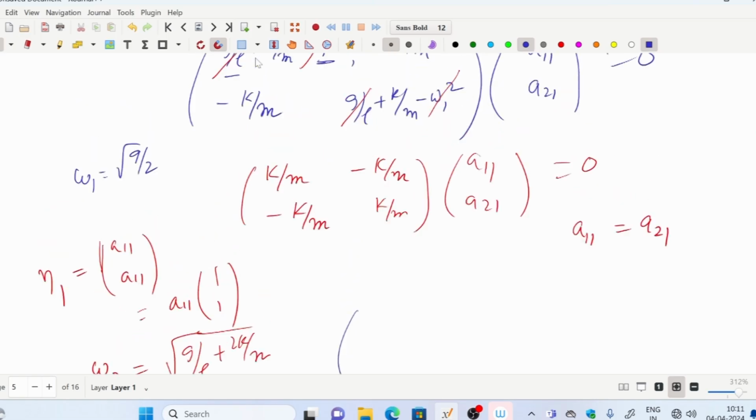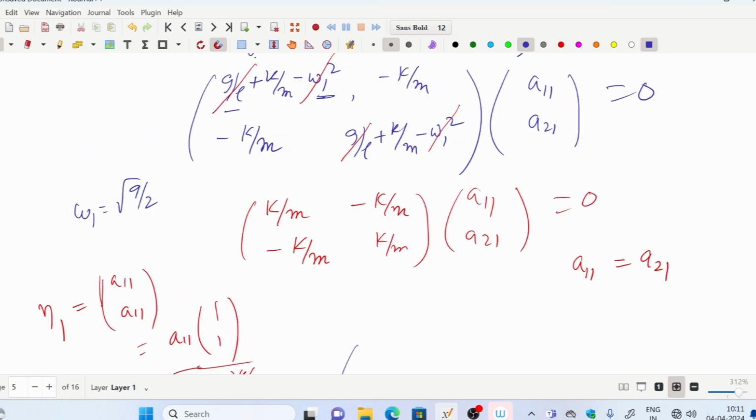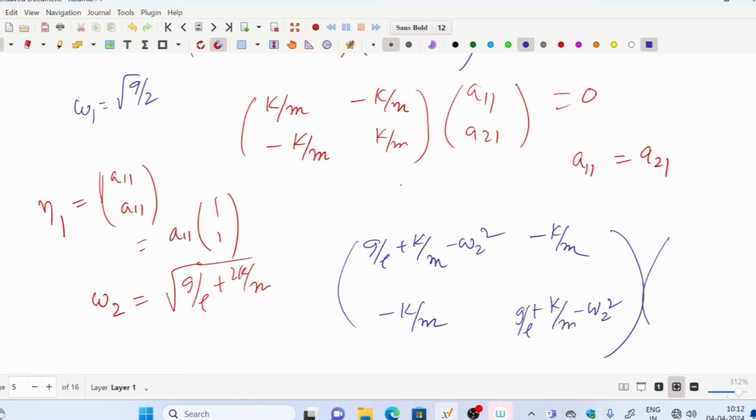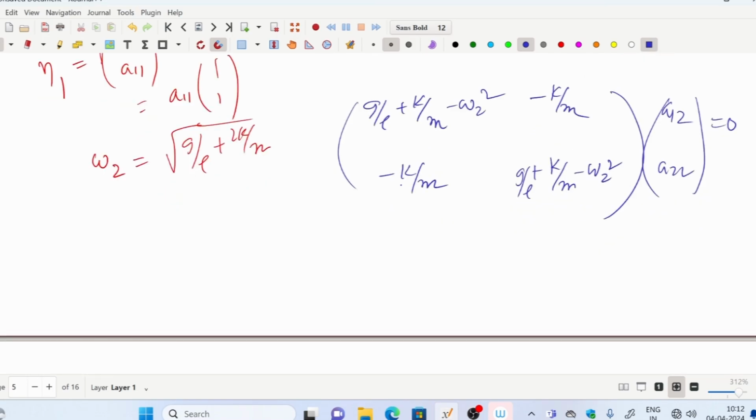If you substitute omega 2 in the equation, you get g by L plus k by m minus omega 2 squared, minus k by m, minus k by m, and g by L plus k by m minus omega 2 squared, acting on a12 and a22, equal to 0.